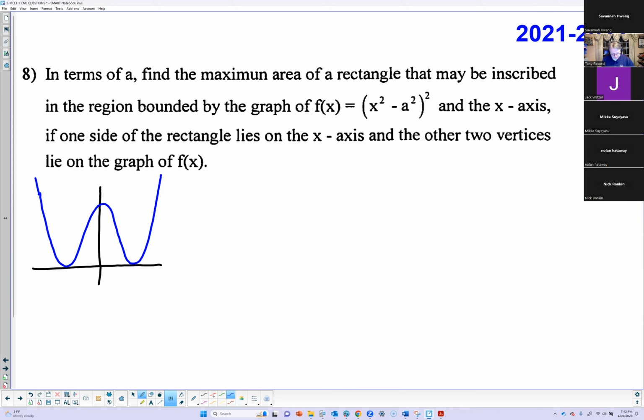What we're going to do is inscribe a rectangle. So I'm going to use red here for that rectangle. That's going to be inscribed in the region bounded by the graph and the x-axis, which means that rectangle, you guys, has to be somewhere right around here. That's our picture.